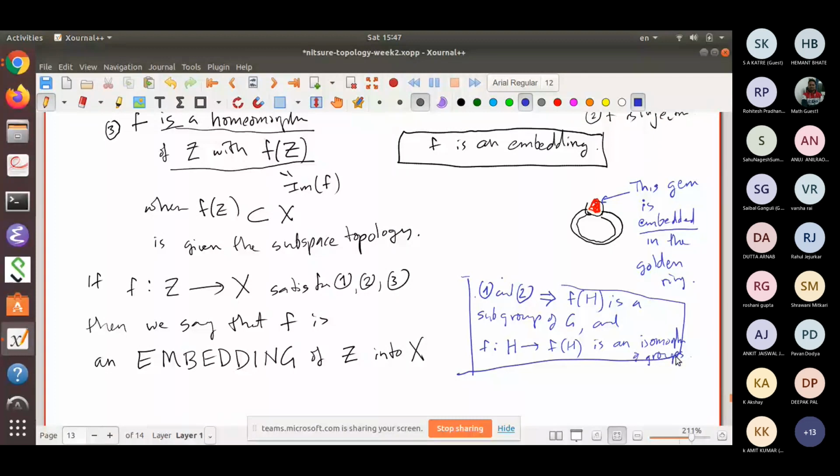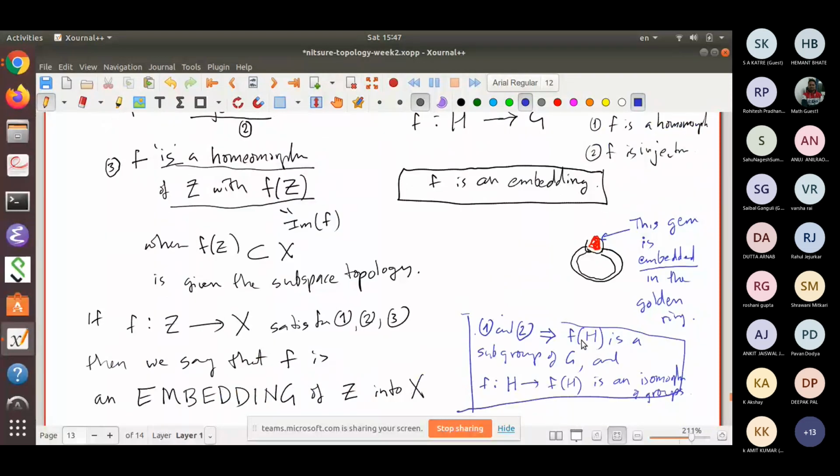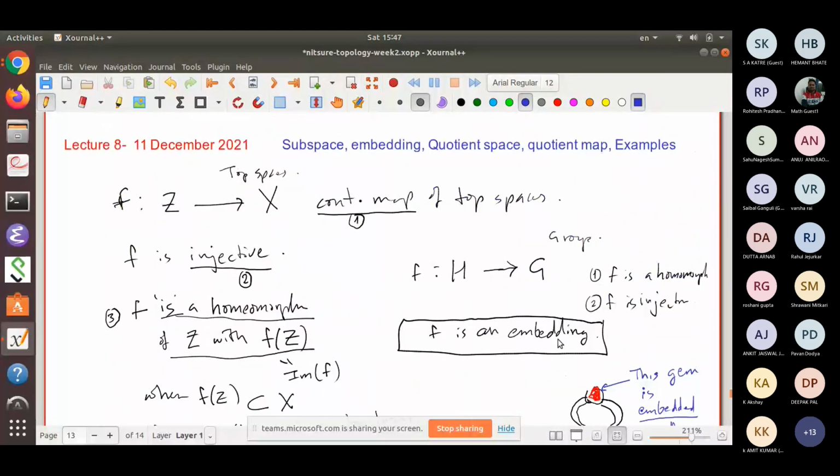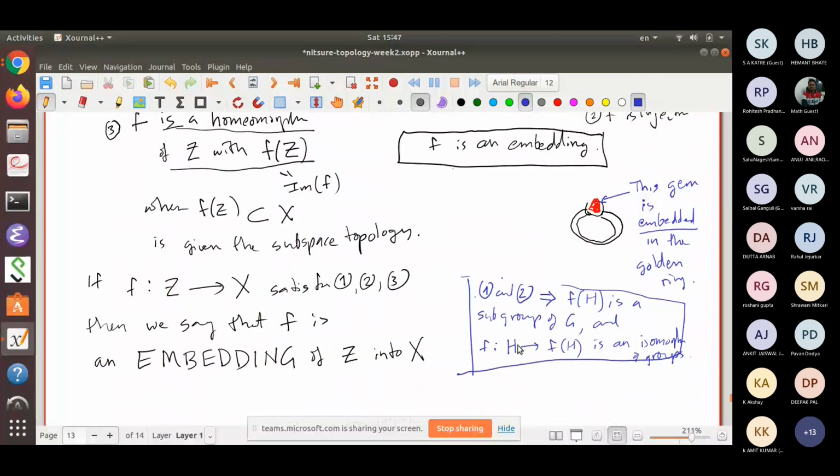So you guys know this is true, right? Once I have any homomorphism of groups, its image is a subgroup. And now once I have an injective, this is an injective map from H into its image. And therefore, it's being a homomorphism and being injective, it's an isomorphism.